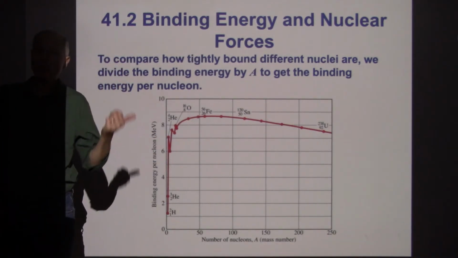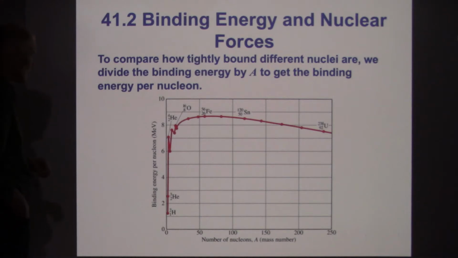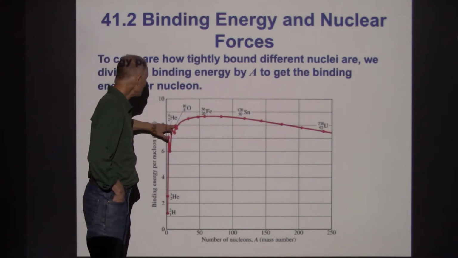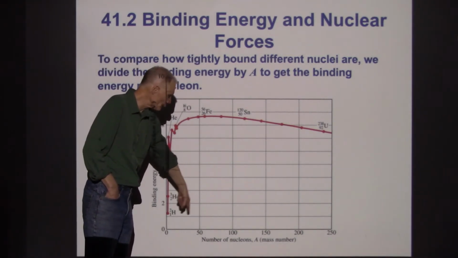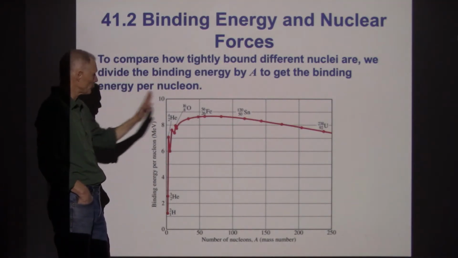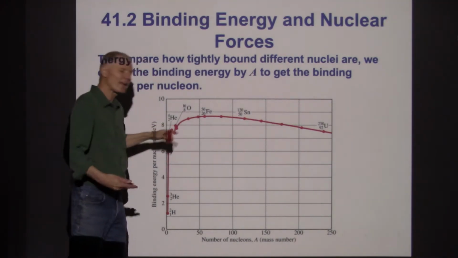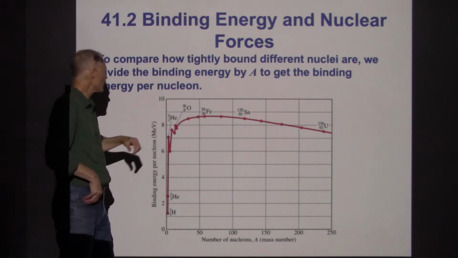Now what this chart's also pointing out to us is this. Notice that as we add more and more protons, this is the number of nucleons that we're looking at as we go through the periodic table. We're adding on some protons, we're adding on some neutrons along the way.